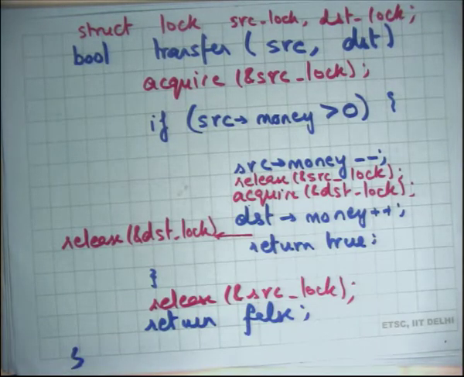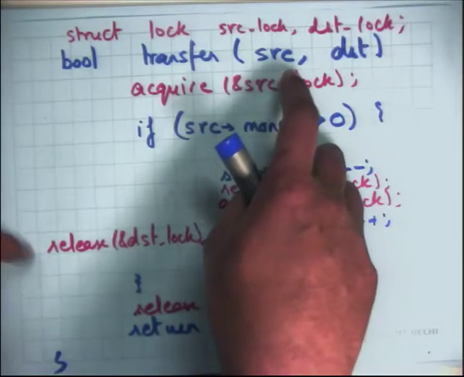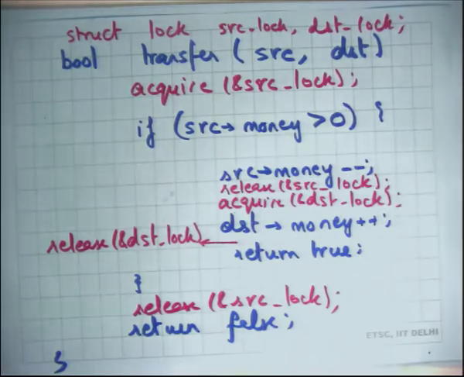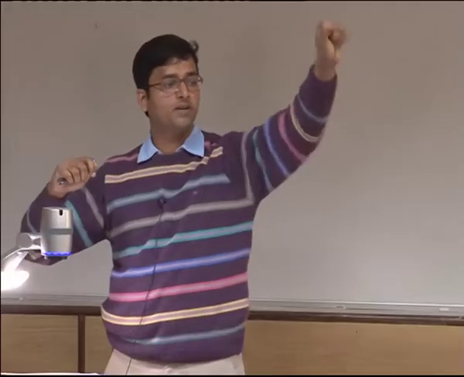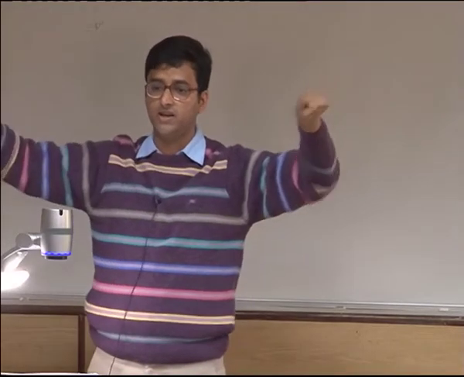So the problem really occurred because I was trying to have a lock per argument, and the arguments could alias. It's possible that one person's source argument is another person's destination argument. So the better thing is probably to have a lock per account, right?